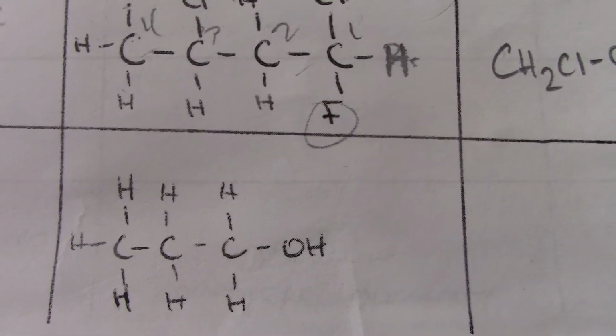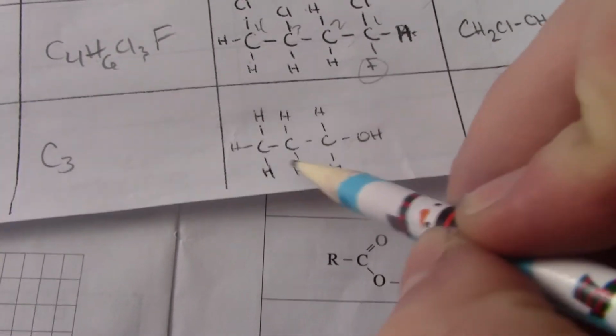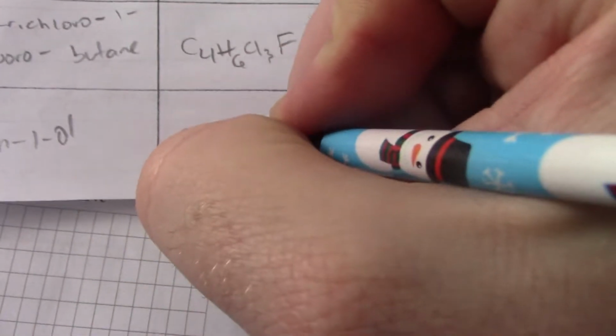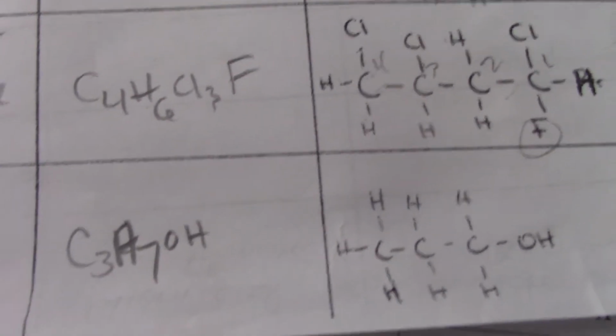Okay, now this is C3, H, 1, 2, 3, 4, 5, 6, 7. I would say C3H7OH. That's how I would name that. Okay, you could say C3H8O. That's fine as well.